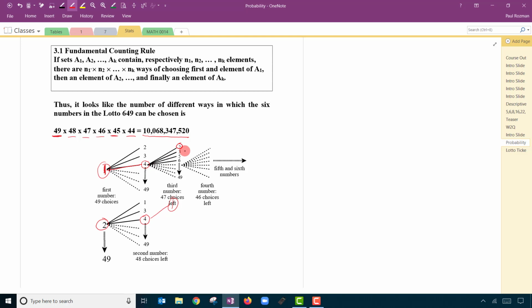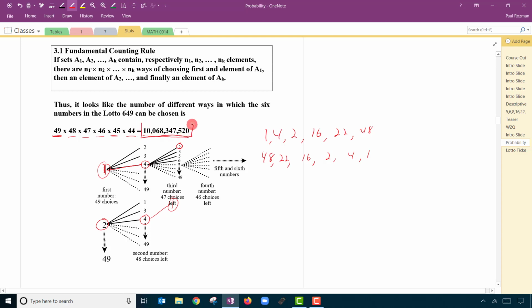And you don't have to pick the order that the numbers are drawn in. Like if the numbers are drawn 1, 4, 2, 16, 22, 48, you don't have to pick them in that order. You could have picked 48, 22, 16, 2, 4, 1. So the order that you pick these doesn't matter.